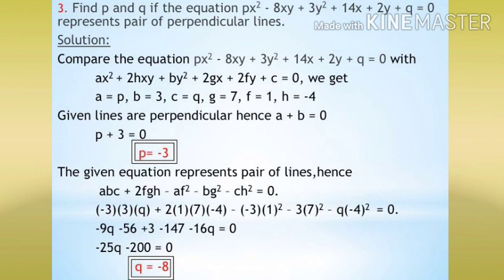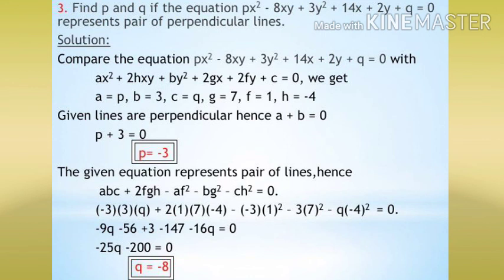Now they have told us that the equation represents a pair of perpendicular lines. What is the condition of perpendicularity? a + b is equal to 0. So we write it as p + 3 = 0. Therefore we get the value of p as minus 3. Now next, the equation also represents a pair of lines.